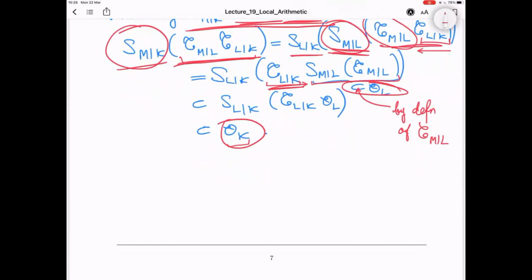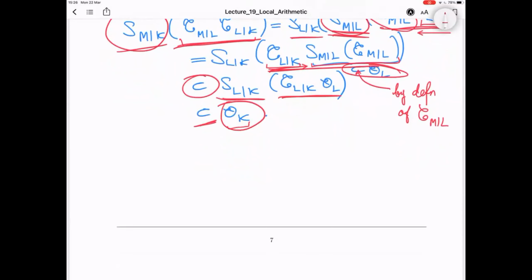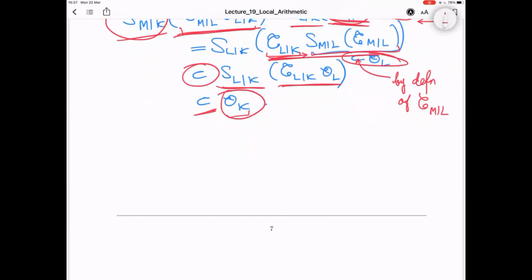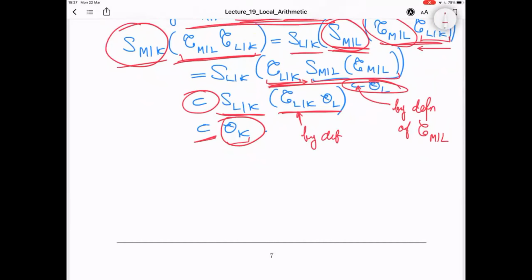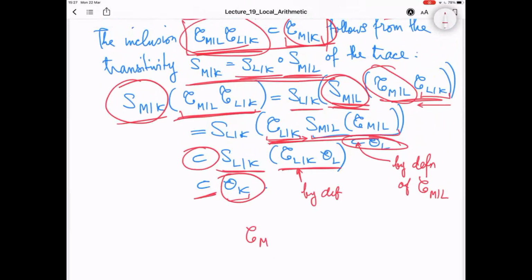So the whole thing is at least contained in this S L over K of C L over K times O L, and that is by definition more or less contained in O K, by the definition of the complementary ideal here. So this inclusion is clear, that C M over L times C L over K is contained in C M over K.